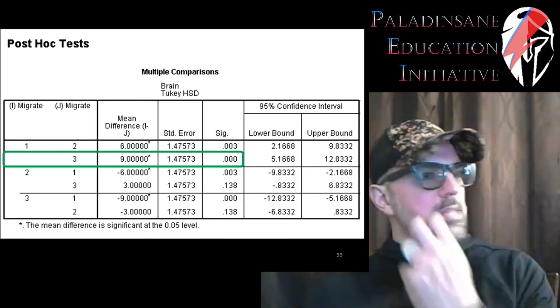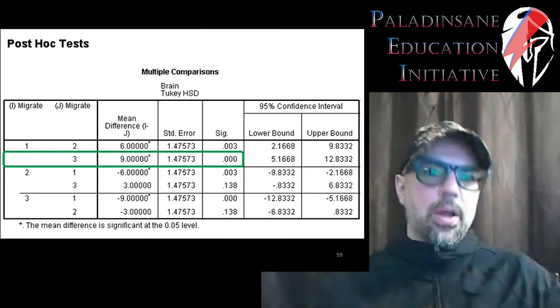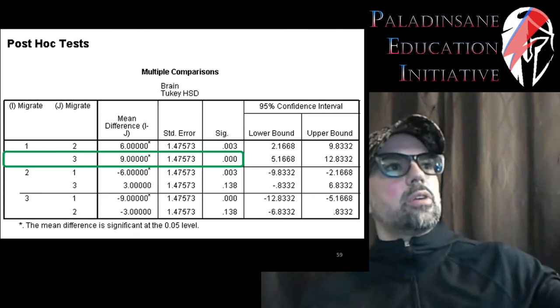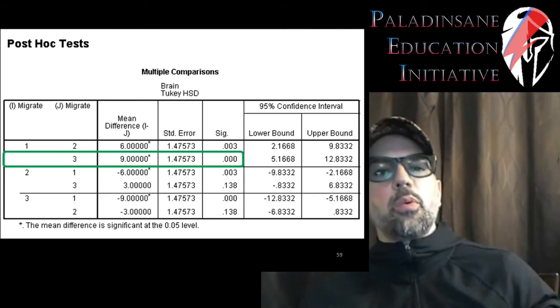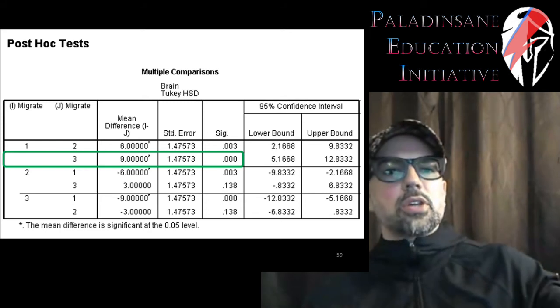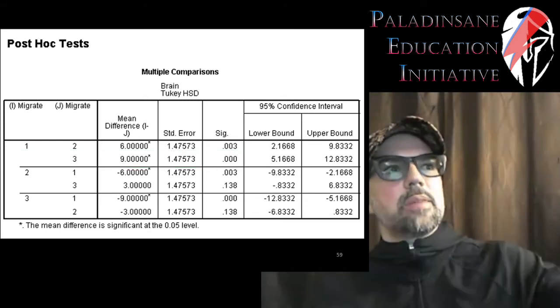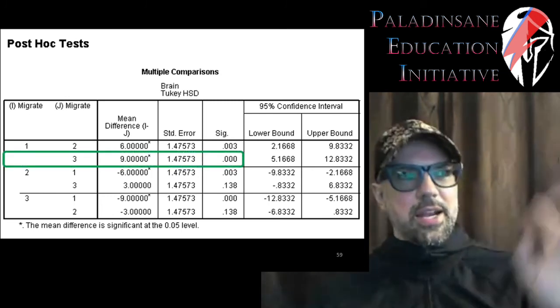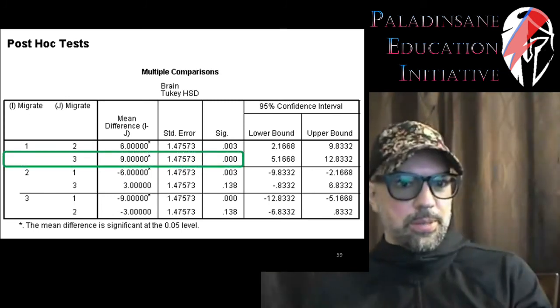And I don't know what SPSS's thought process was on this. I don't know if they wanted to save virtual ink, but they don't duplicate that group 1 in that second row. So you are to understand that they meant that group 1 to continue. So that line is actually group 1 versus group 3.